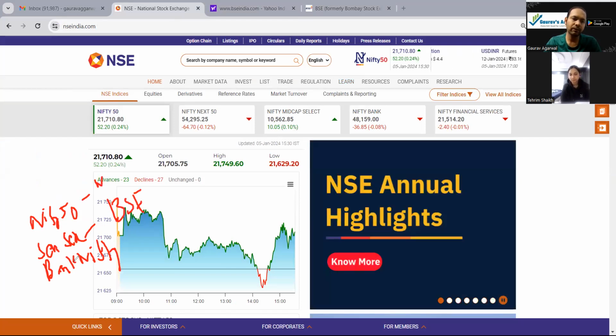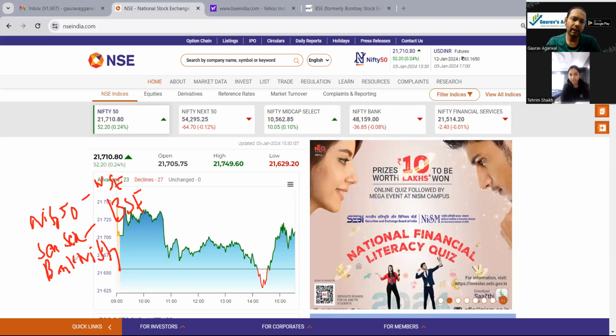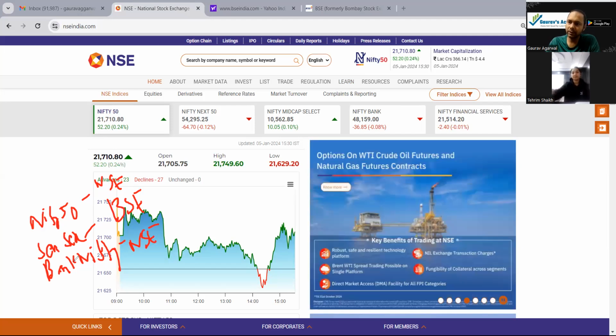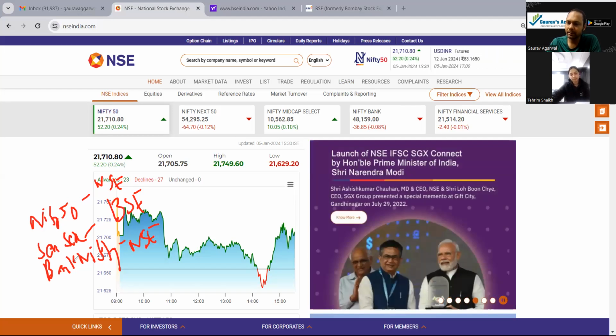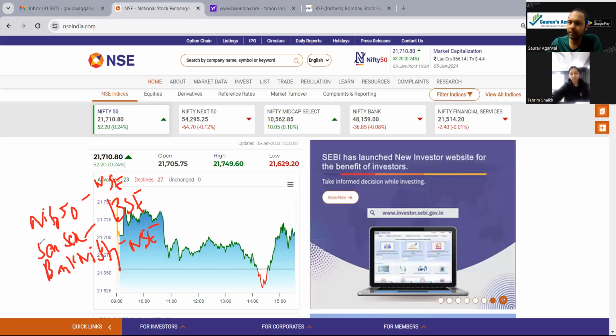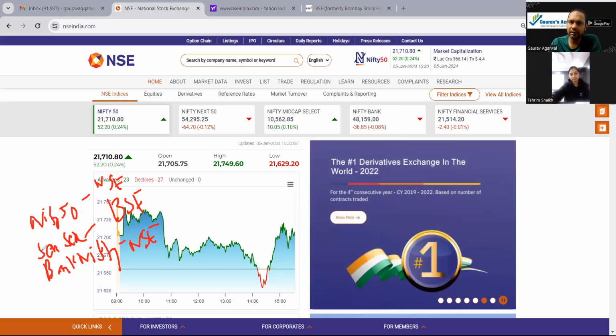Nifty 50 is a part of NSE and Bank Nifty is also a part of NSE. Though they are listed on both the exchanges, primarily when BSE came into picture at that time, Sensex was there on BSE. So for BSE the primary is Sensex and Sensex is secondary for NSE India, right?